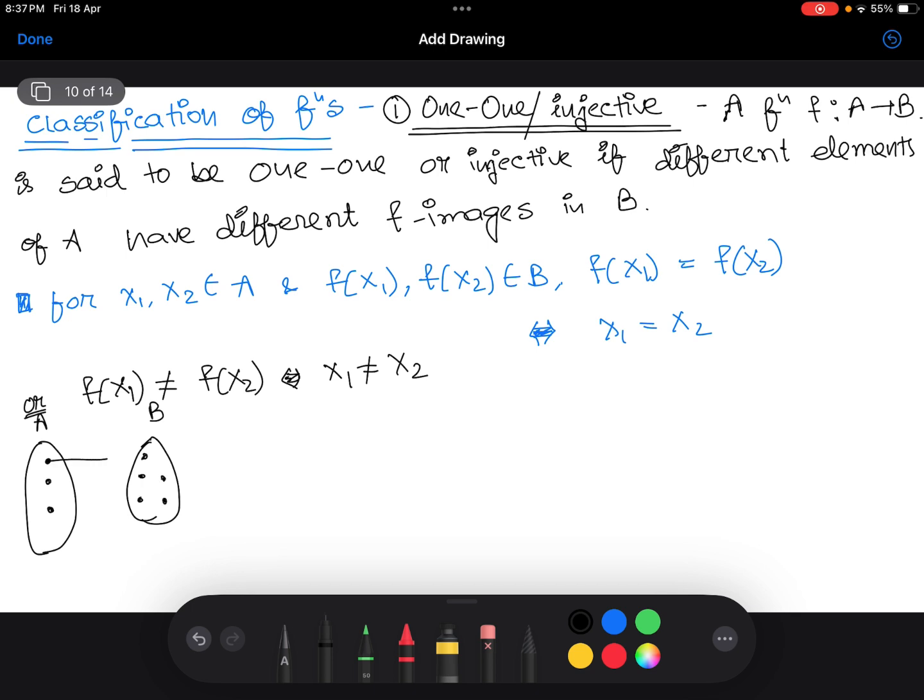So this is assigned to this, this to this, and this to this. For every element of A, we have an element assigned in B, and for different elements of A, we have different images. So we get what an injective function is. For different elements, we get different images.